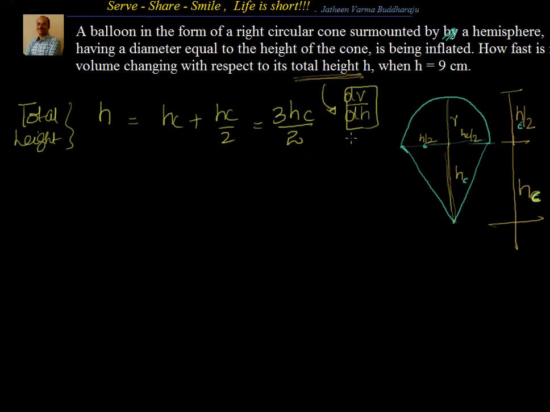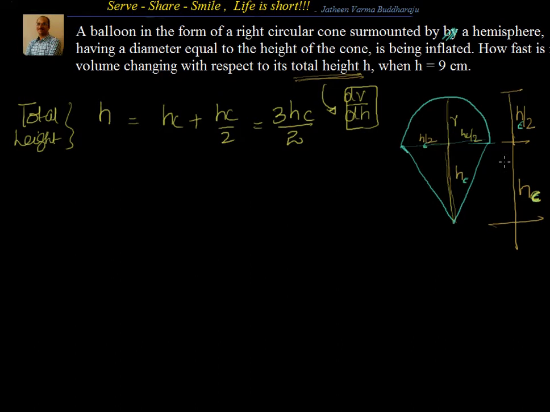We have to find out dV by dH. For that, first we'll find out the volume of the hemisphere, then the volume of the cone. We will add them together, keep them in terms of hc, then convert them into h, then differentiate with respect to h. Then we should be able to find out how fast the volume is changing with respect to the total height, or dV by dH.